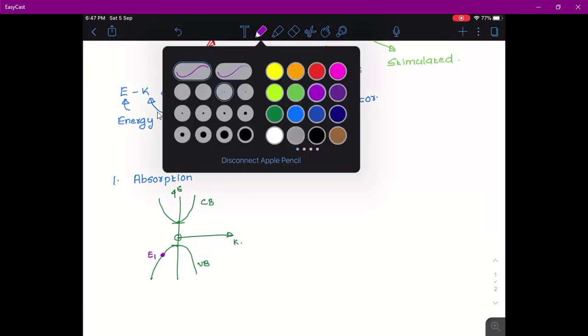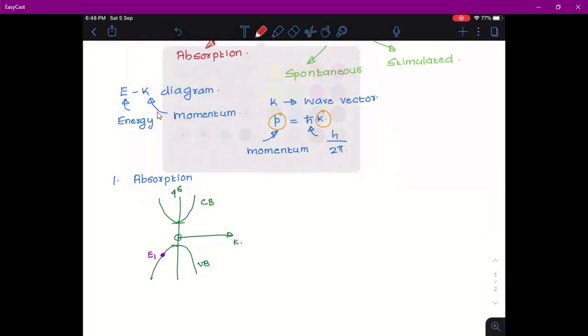If you hit it, or supply light in terms of a photon with energy h nu: light is a quanta of energy, and that quanta of energy is called a photon.